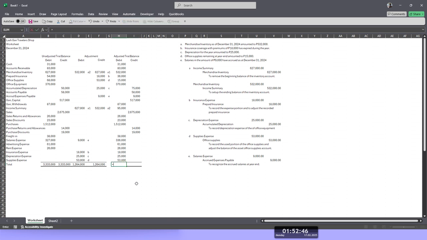Let's determine the total of the debit amounts in the adjusted trial balance. So the formula is sum.